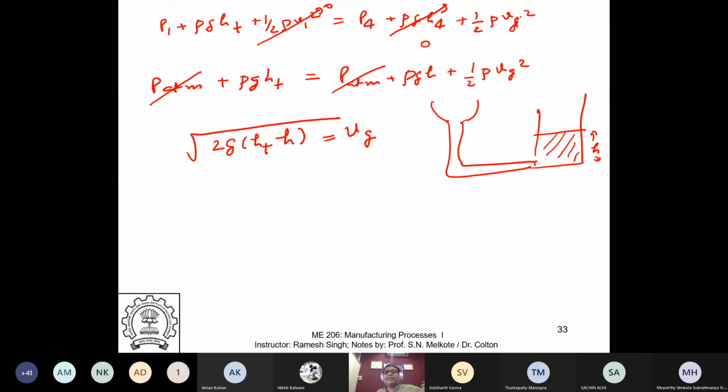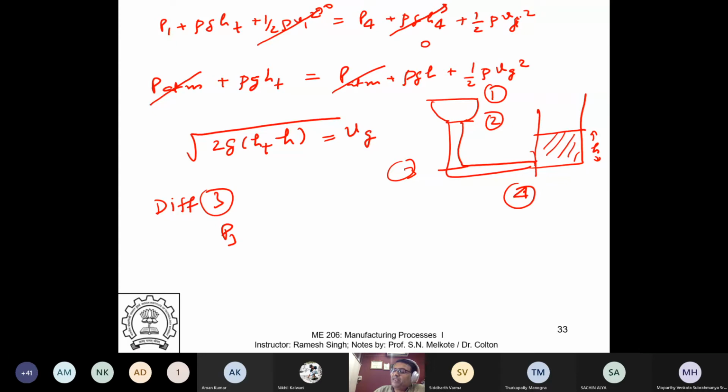Right. Now the question somebody is asking is, this is 1, this is 2, this is 3, this is 4. So the question is, what is the difference between 3 and 4? At 3, P3 is P atmosphere.